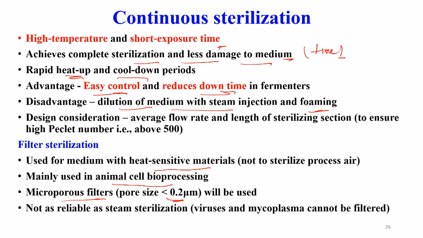The typical pore size is less than 0.2 micrometer, because the size of the microbes we consider is in the range of 1 micrometer and above. With these microporous filters, we ensure that the media is sterilized. However, it is not as reliable as steam sterilization, because apart from bacteria, it cannot be ensured that other microbes have been removed by the microporous filter.